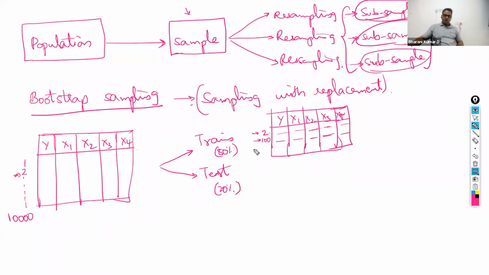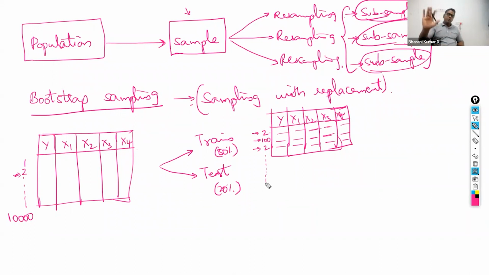Then again, when you sample, probably 2 gets selected once again, because you're sampling with replacement. Okay, we are sampling with replacement. In that way, you select. Bootstrap sampling is what we call this.